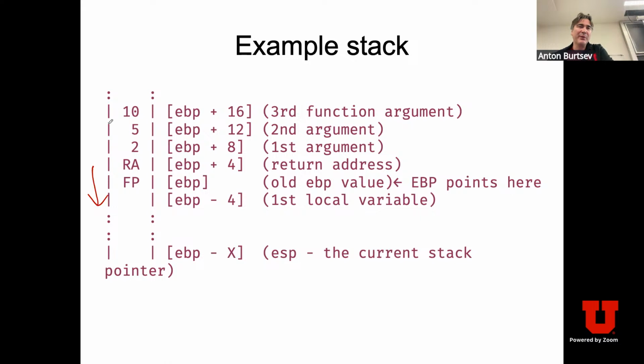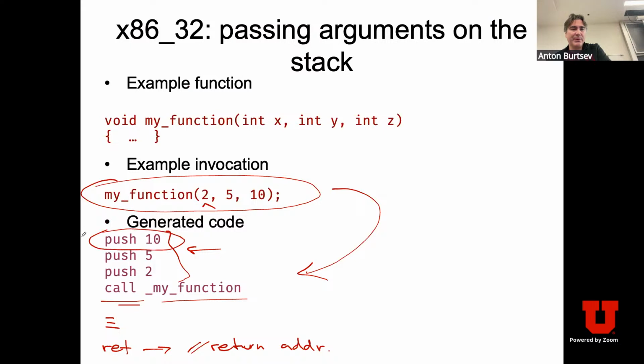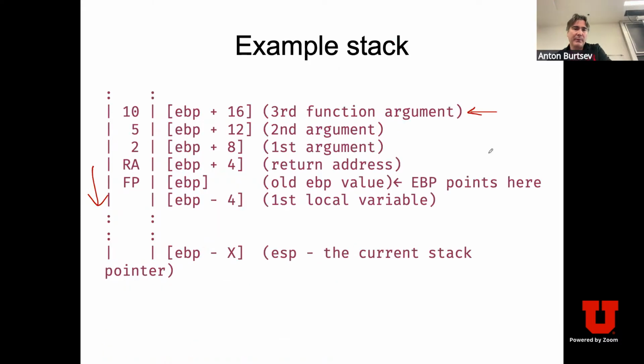Remember, before calling the function, as in our example on the previous slide, we first push the last argument. This 10 is the last argument to the function, so it's pushed first on the stack. Then we push the second argument, then we push the first argument. Then we invoke the call instruction. The call instruction pushes the return address on the stack, and so the return address will be here.